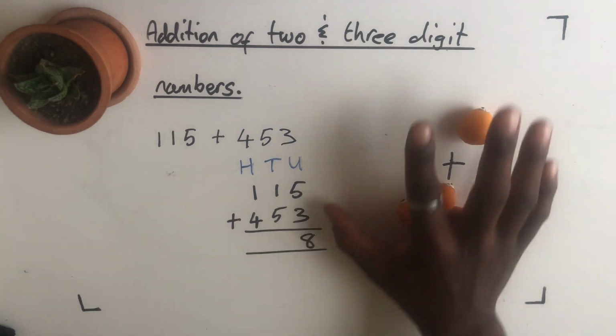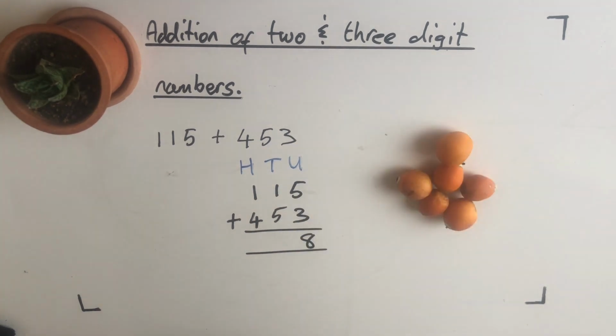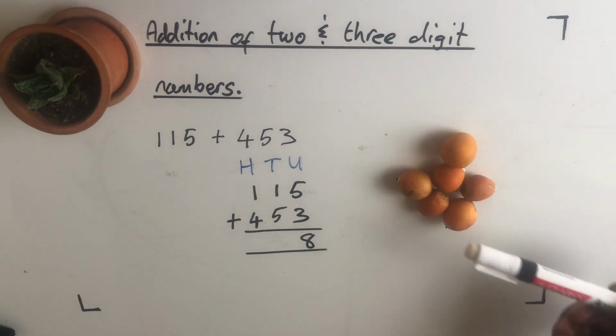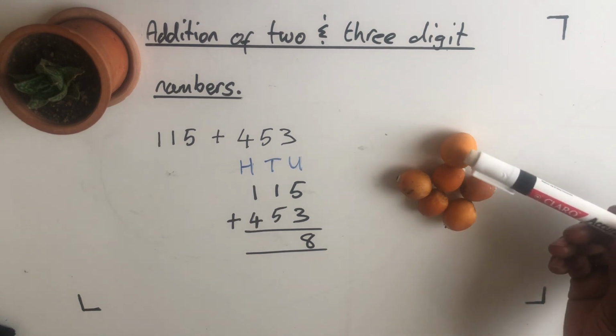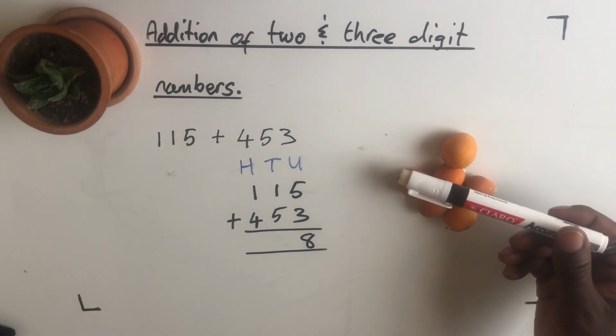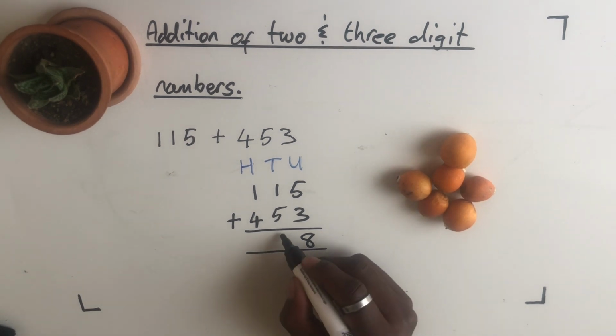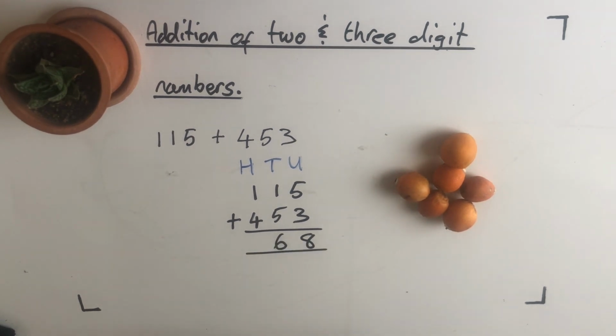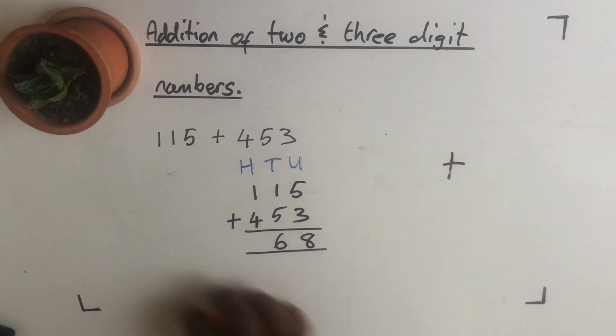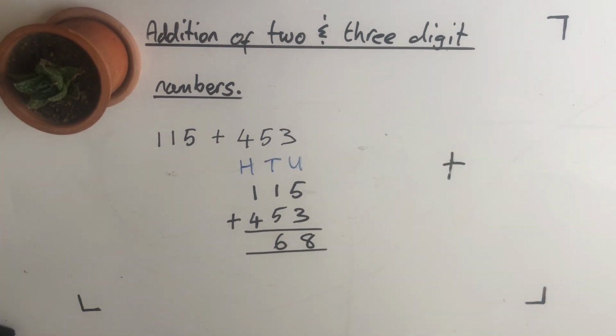Added together, I put them together. That gives me 1, 2, 3, 4, 5, 6. Okay, that gives me 6.